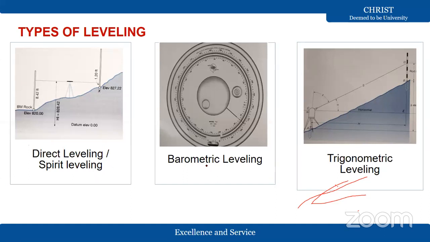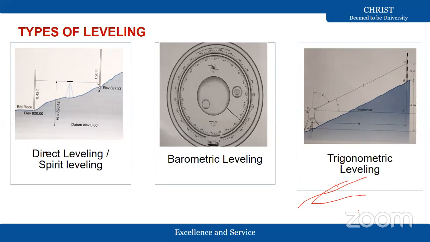Barometric leveling, through gravity measurements, we are going to establish the relative elevation of the points. Trigonometric leveling means theodolite or a total station we are going to use. You are going to measure the vertical angles as well as horizontal angles in trigonometric leveling. The GTS benchmarks have been established by trigonometric leveling, not by direct leveling.